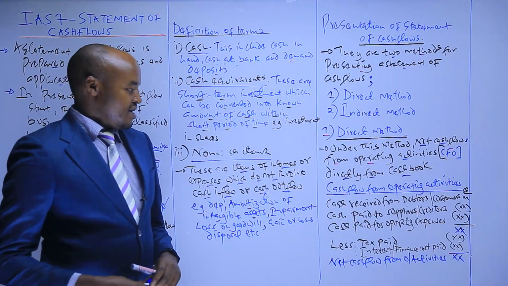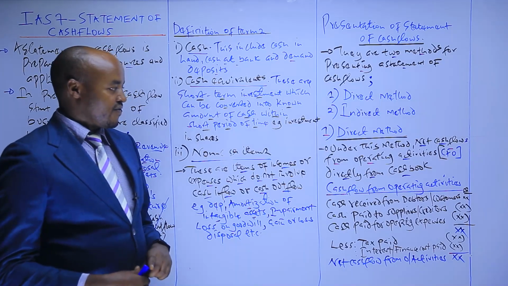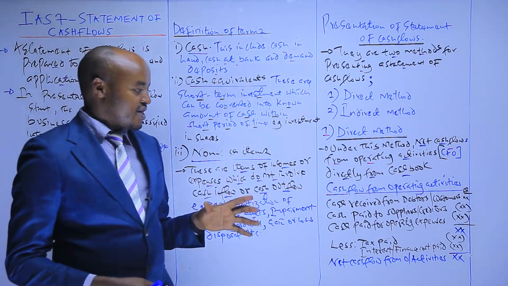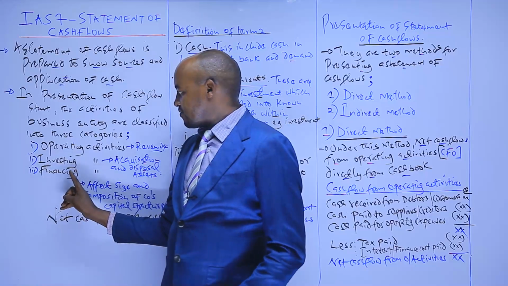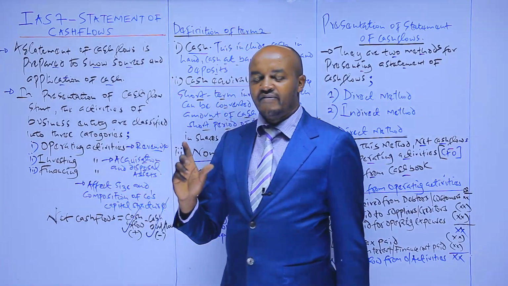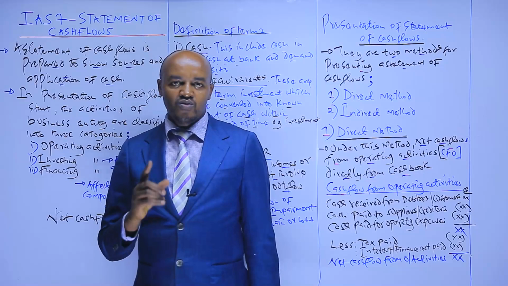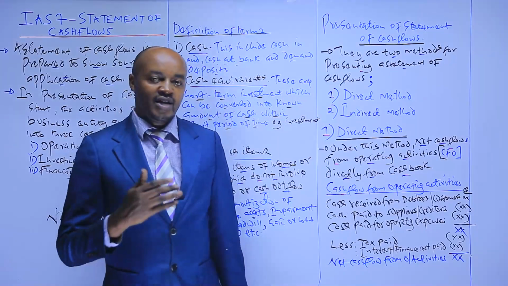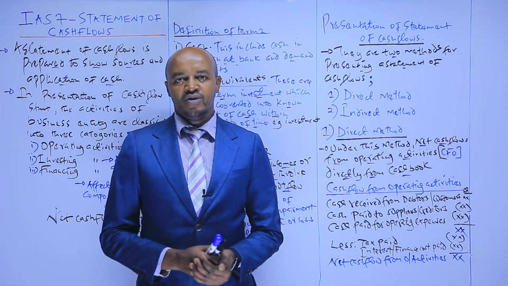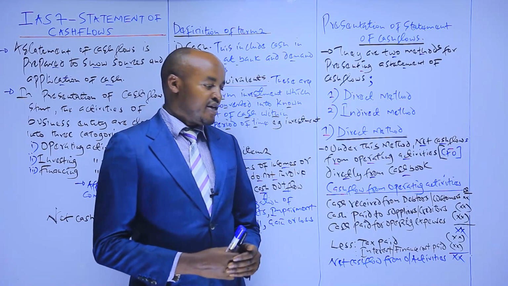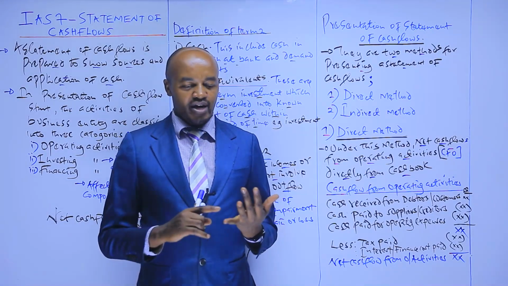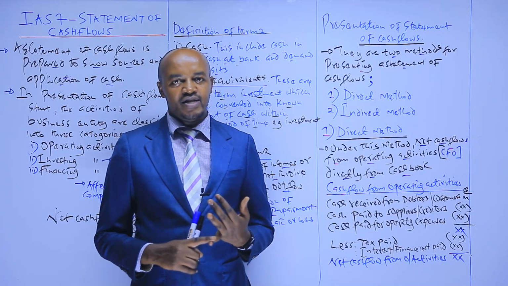Then from there, when preparing the statement of cash flows, you have to equally determine the net cash flows from investing and financing activities. Therefore, before we look at the other method, that is the indirect method, let us first look at how we determine the net cash flows from financing activities and also investing activities.